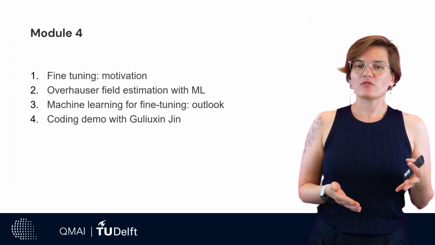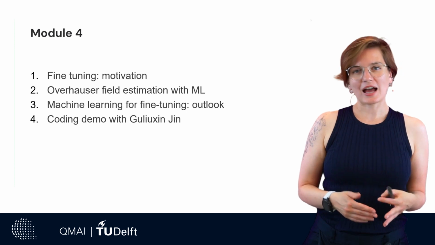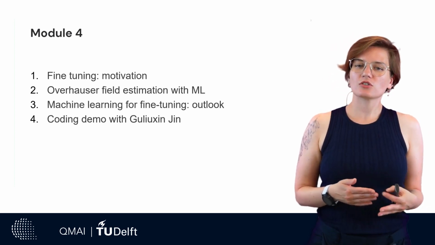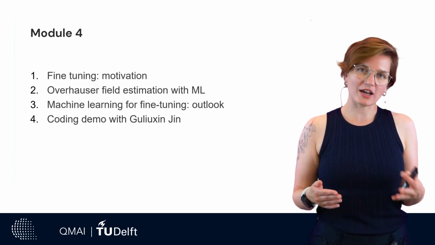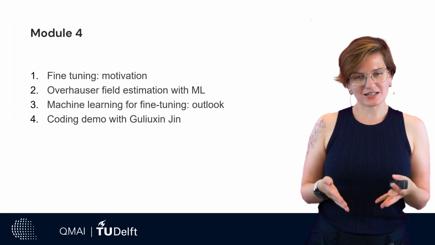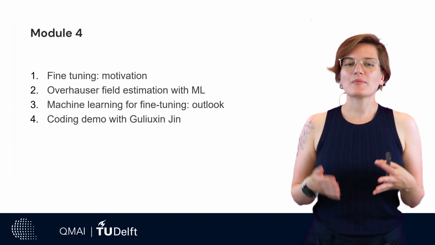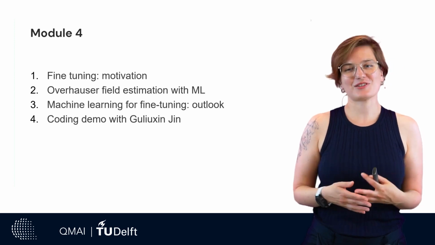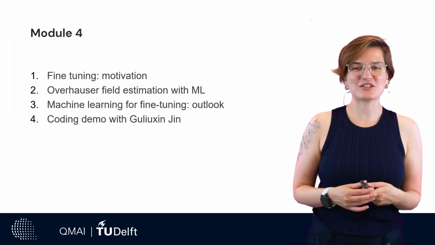The structure of this module, as per usual: I will start by talking a bit more about the motivation for fine-tuning, what it is, and why we need it. Then we will zoom into a very concrete example as always. This time it is going to be something called Overhauser field estimation, which I'm going to explain later in the module.